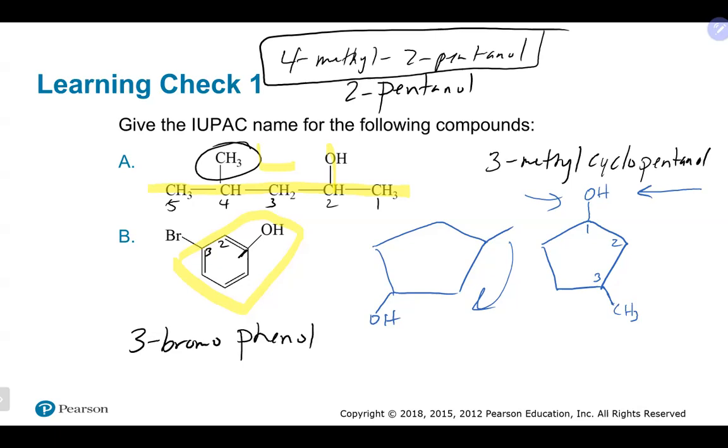So wherever that guy ends up will be basically carbon number 1, the OH group. Yep. Other questions? It doesn't matter in this case as you're drawing it. So I went counterclockwise on the one on the left. You could have gone clockwise as well. You could actually go either way in this particular case. Yeah. Other questions? Okay.